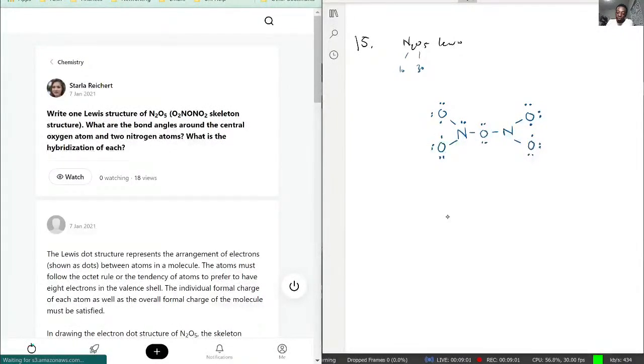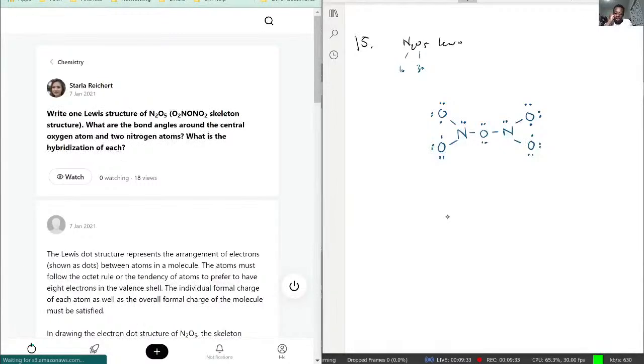So now the question is, how would we distribute this to where this would make sense? Funny enough, the Lewis structure that would allow nitrogens to still follow the octet rule, and the oxygens also to follow the octet rule without adding unnecessary double bonds, is this: the nitrogen wouldn't form a double bond with each oxygen.